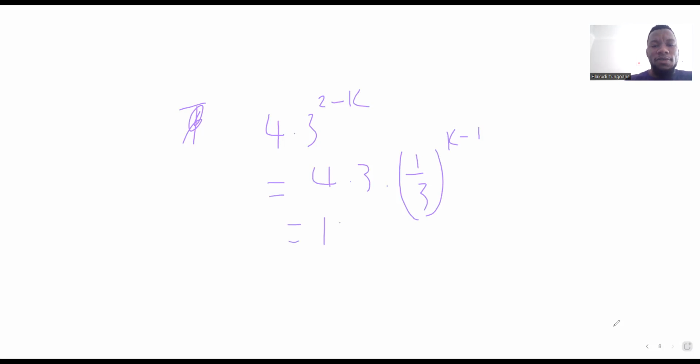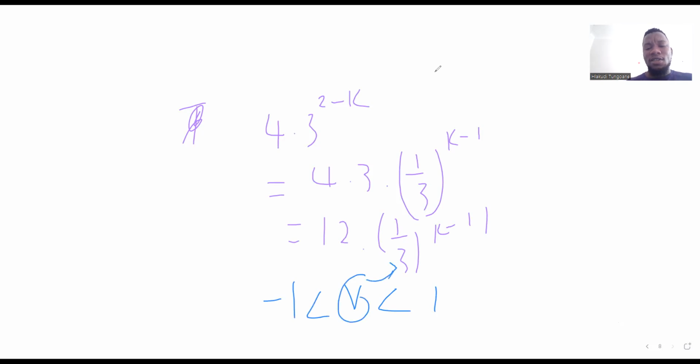That's the same as 12 × (1/3)^(k-1). Therefore, this implies that r is between -1 and 1, because r in this case is 1 over 3. Therefore, you prove that this is convergent, right? It's convergent.